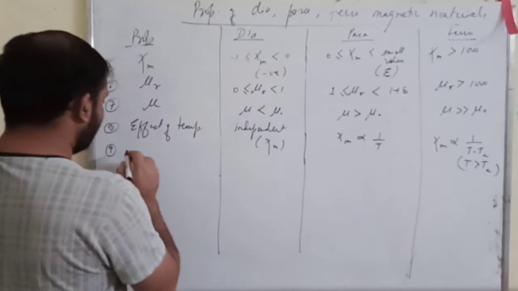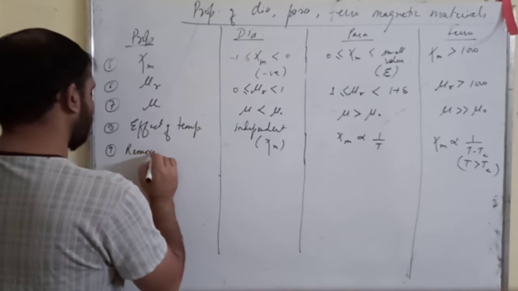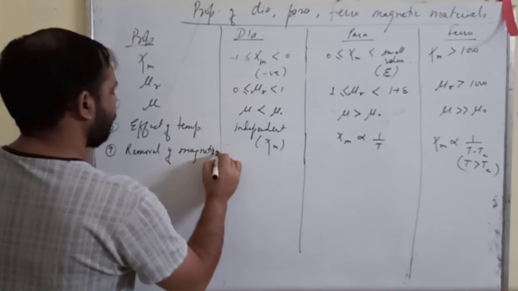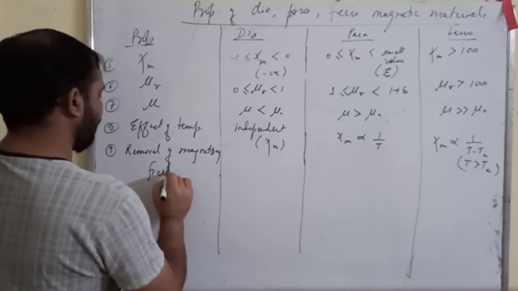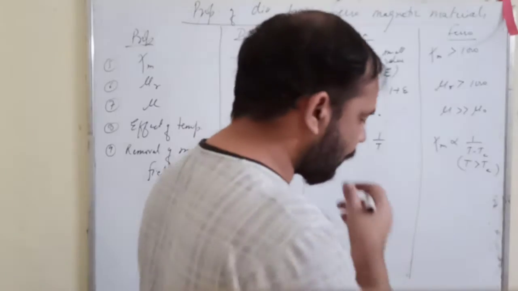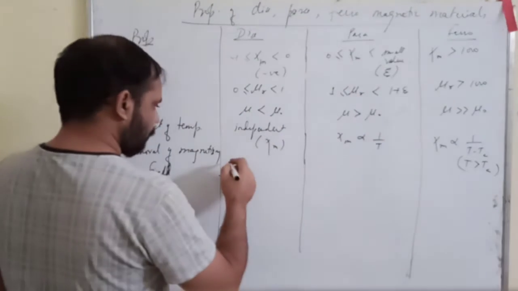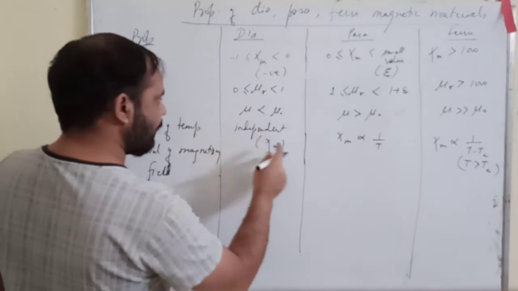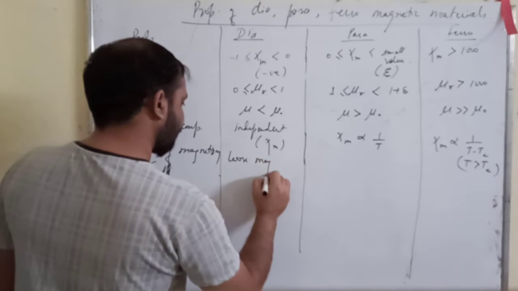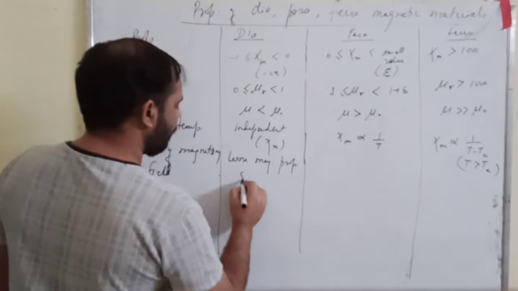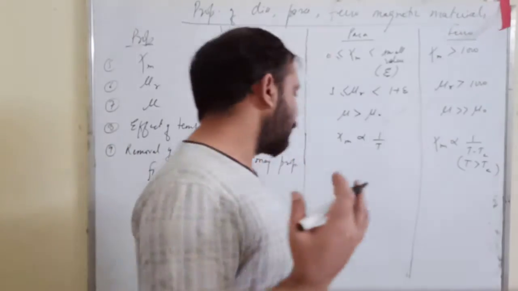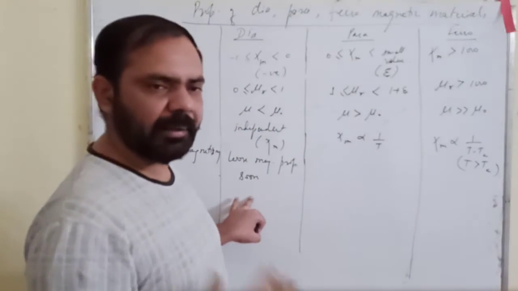Next is point number 9, removal of the magnetizing field. If you remove the magnetizing field, what happens? Diamagnetic materials lose their magnetic properties soon. As soon as you remove the magnetizing field, diamagnetic materials lose their magnetic properties.